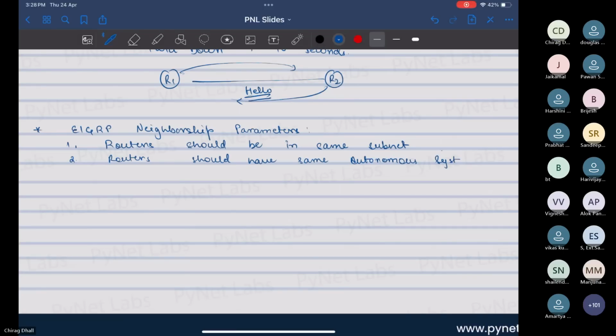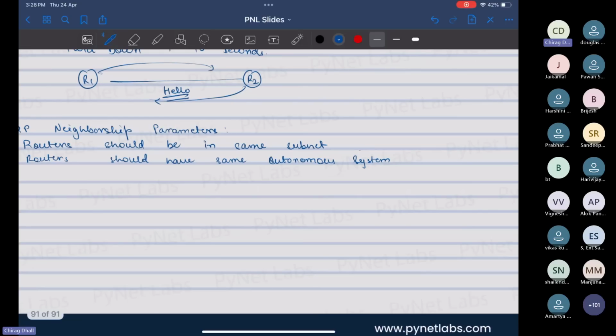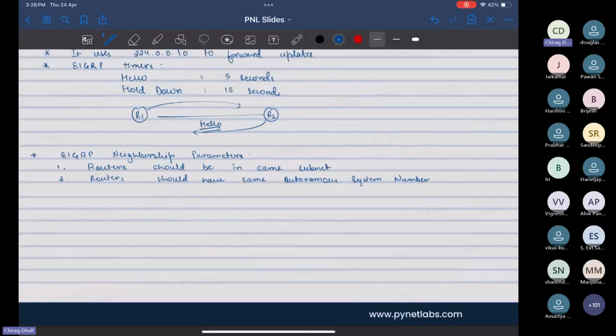As of now, just understand that autonomous system number is a group number. So the group number of two routers should match before you can make them neighbor, right? And obviously they should be participating in the same subnet. That means their network on which they are connecting should be same.